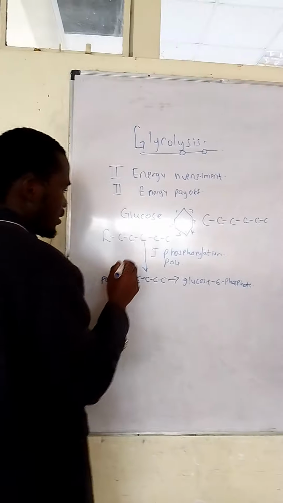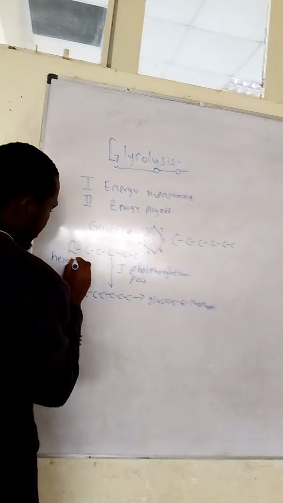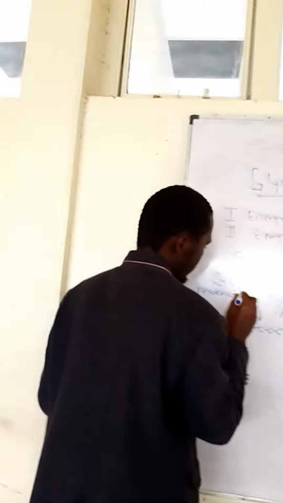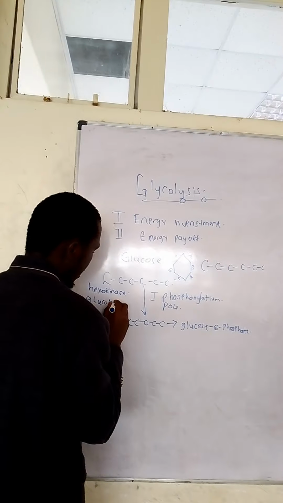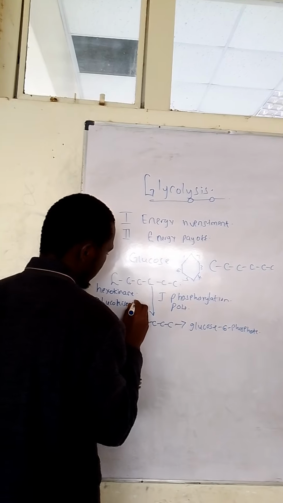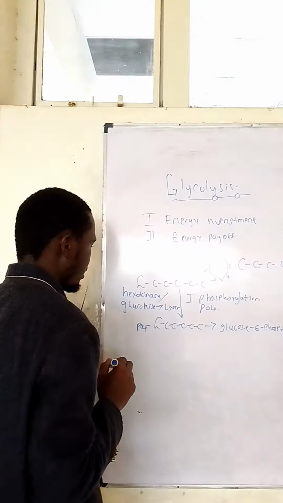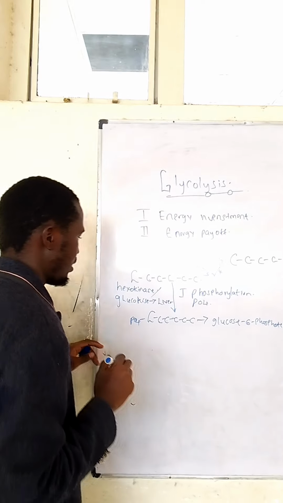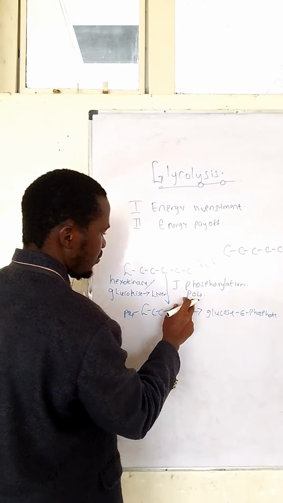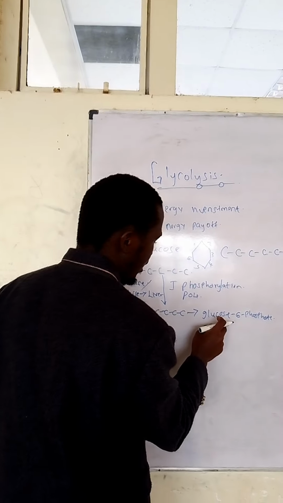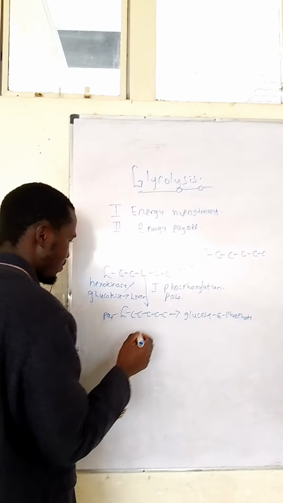The enzyme facilitating this process is called hexokinase or glucokinase. In the liver, it's called glucokinase. So this glucose is added a phosphate, and the end product is called glucose 6-phosphate.